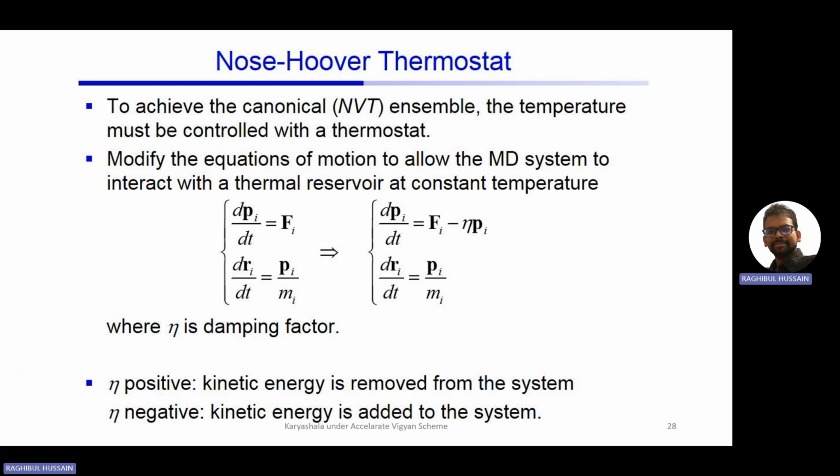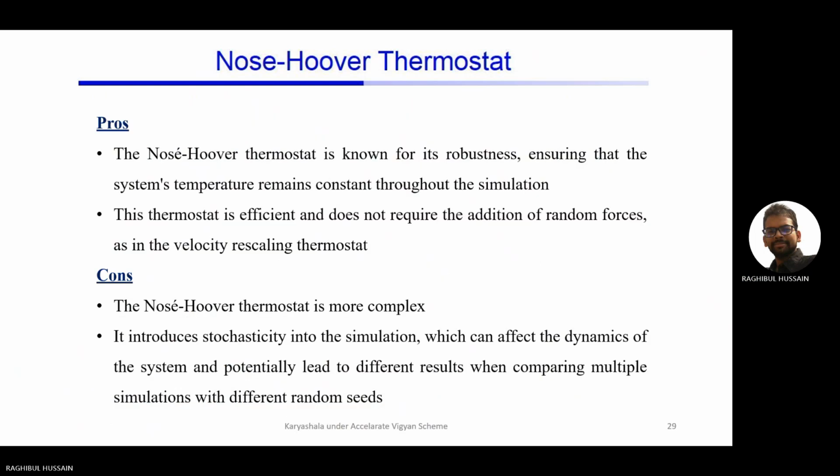And this eta, that is the damping factor, we can always define during our run script. The advantages are that Nose-Hoover is known for its robustness, ensuring that the system temperature remains constant throughout the simulation. This thermostat is efficient and does not require the addition of random forces.